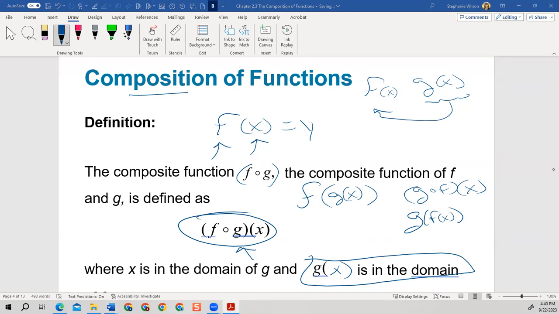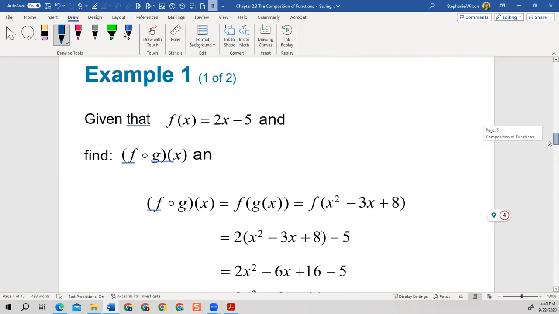Okay, so our example 1 says we are given this function f of x is equal to 2x minus 5. And we are also given a function g of x is equal to x squared minus 3x plus 8. Now let's look at this. We have a polynomial here, so it's going to be all real numbers.